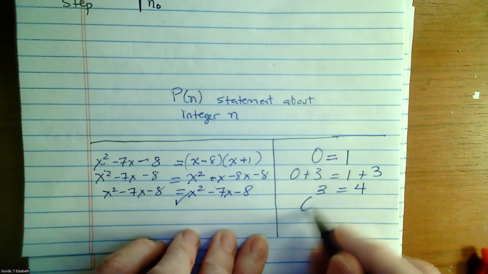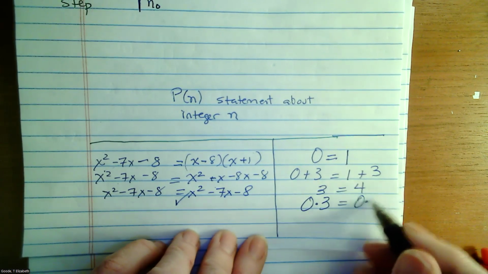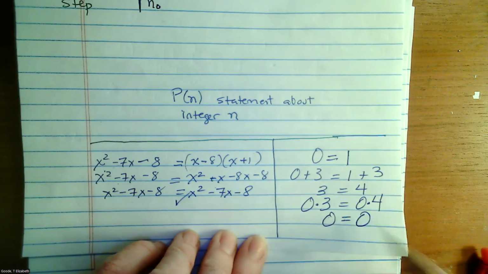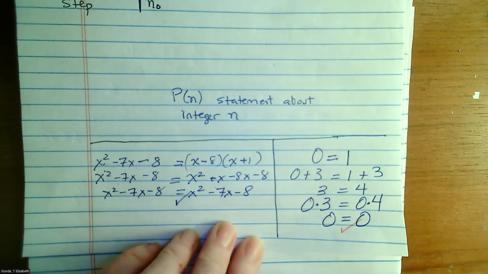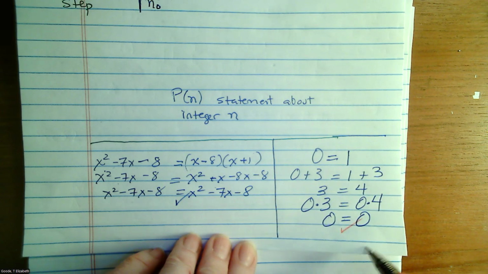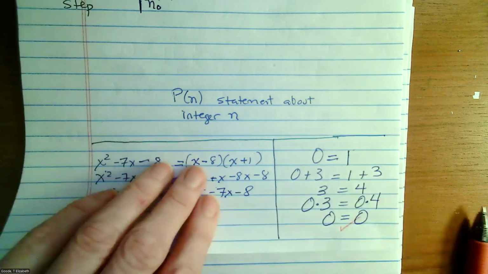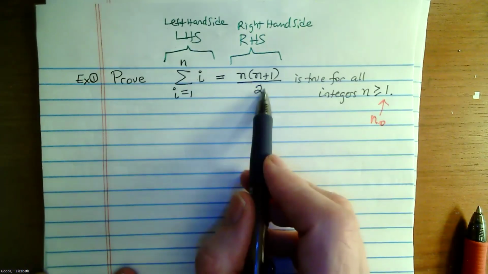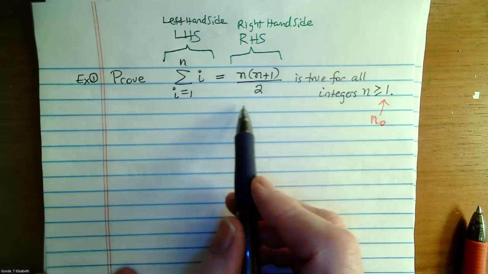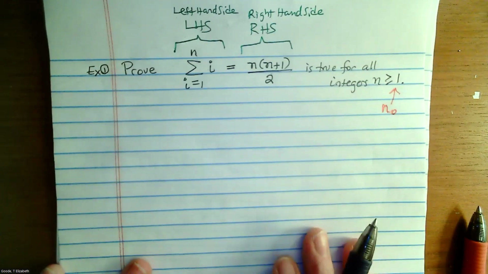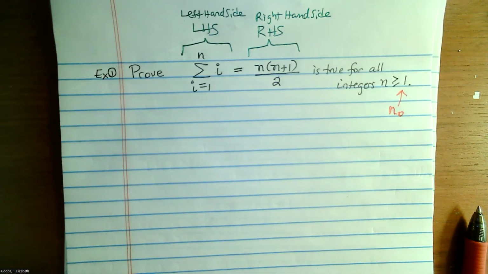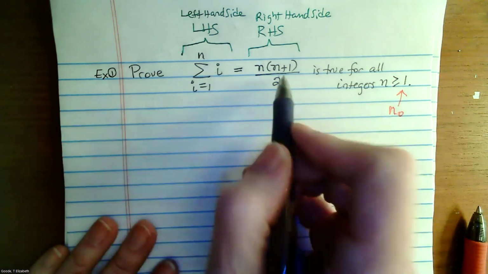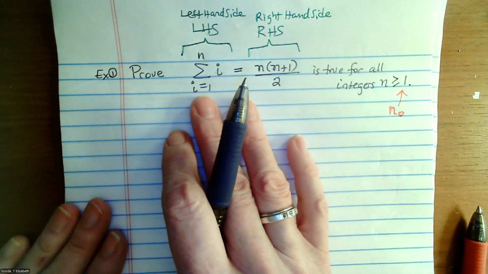Now I'm going to multiply both sides by 0. Voila. 0 equals 0. You see the problem with the reasoning? You can't start with the equation that you wish to establish. And this, my friends, is an equation that we're going to try to establish. So we will never be able to start with the equation we wish to establish.